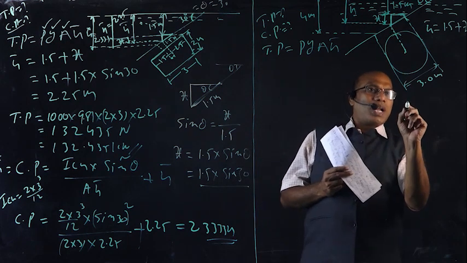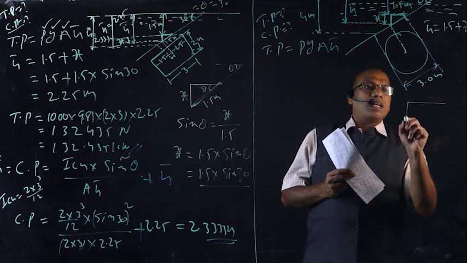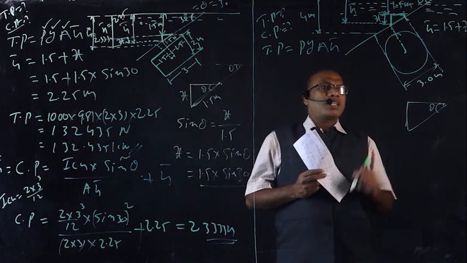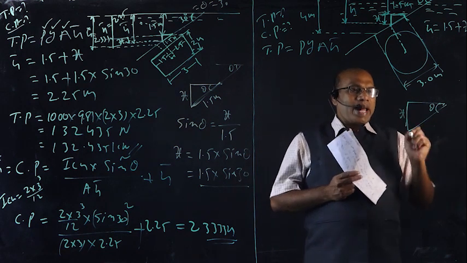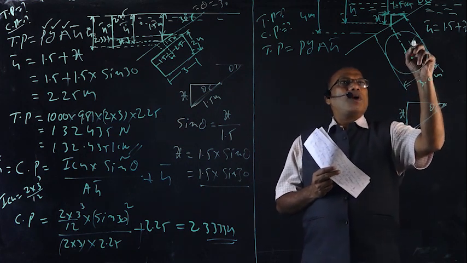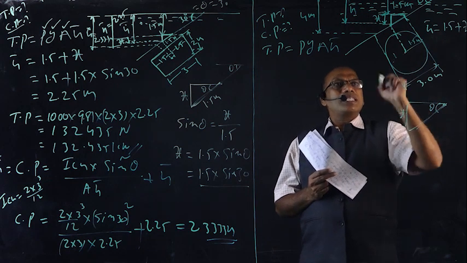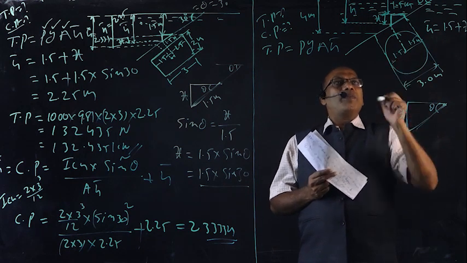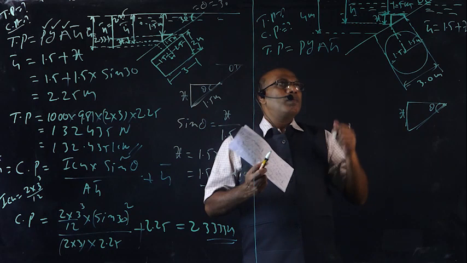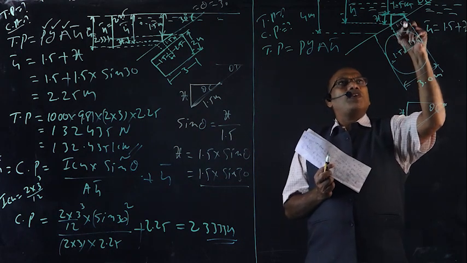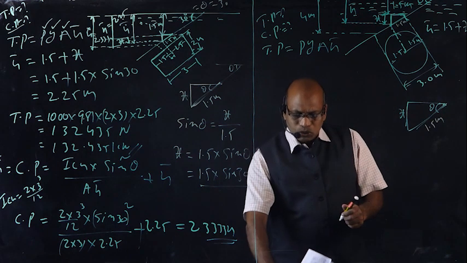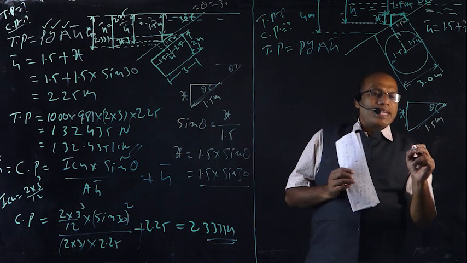Same diagram I am going to draw here. Theta is unknown, theta is not given. This is x. Because this is 1.5 meters, this value is 1.5 meters. Now we are going to take sin theta.